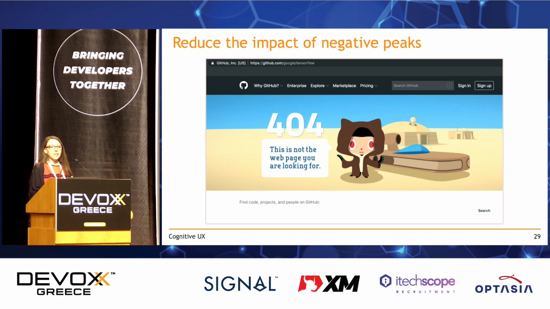This can be achieved, again, by offering clear messages and instructions that help the user understand what's happening, but also injecting a touch of humor, maybe. Something nice can go a long way into easing the frustration of the moment. So by addressing these negative moments in a thoughtful and empathetic way, we can create a more positive overall user experience and prevent the bad experience from becoming a negative peak about our product that will be remembered as such, right?